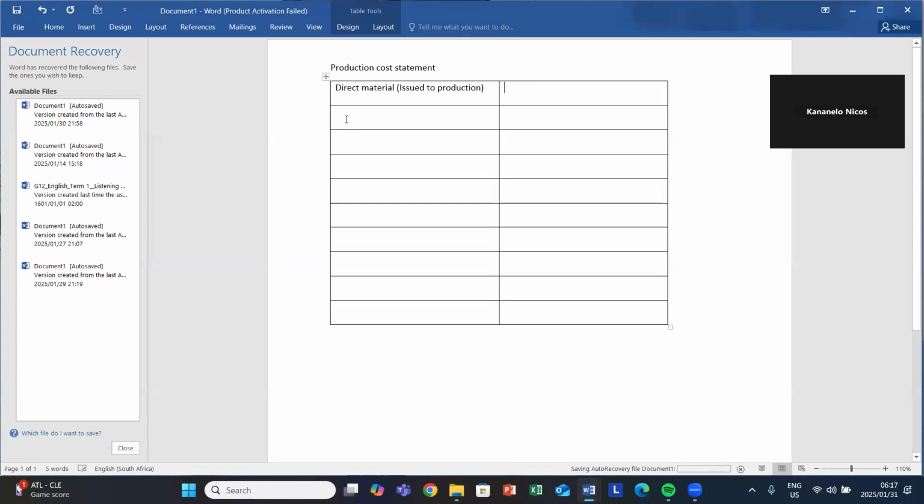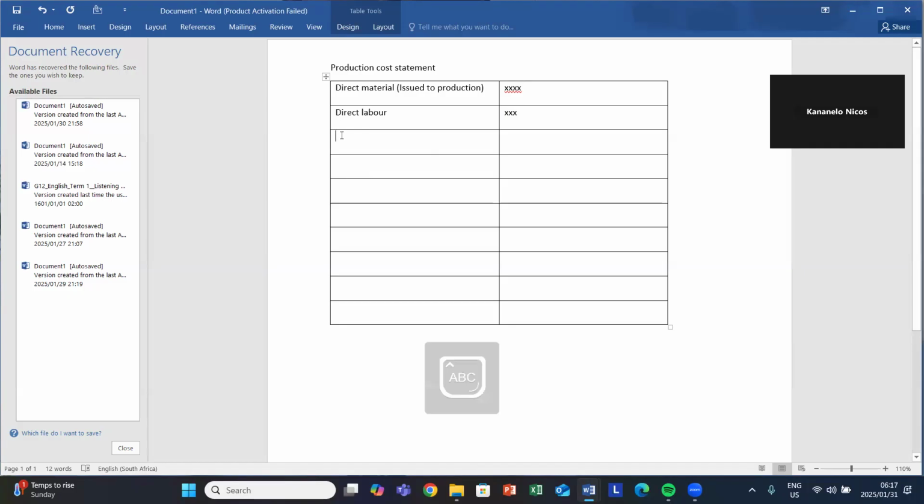And then the second item that you record is your direct labor. You know that direct labor are the people who work directly in the production process. Without our direct labor, production cannot occur. And then we write the direct labor amount there.